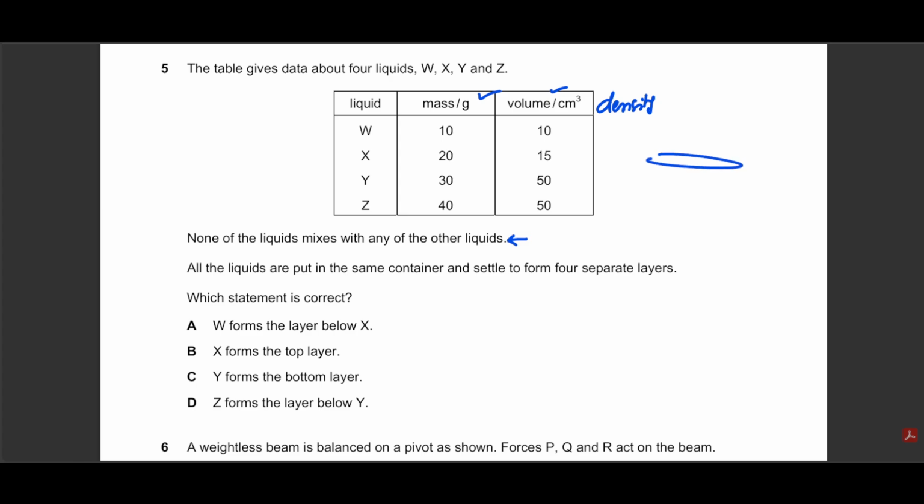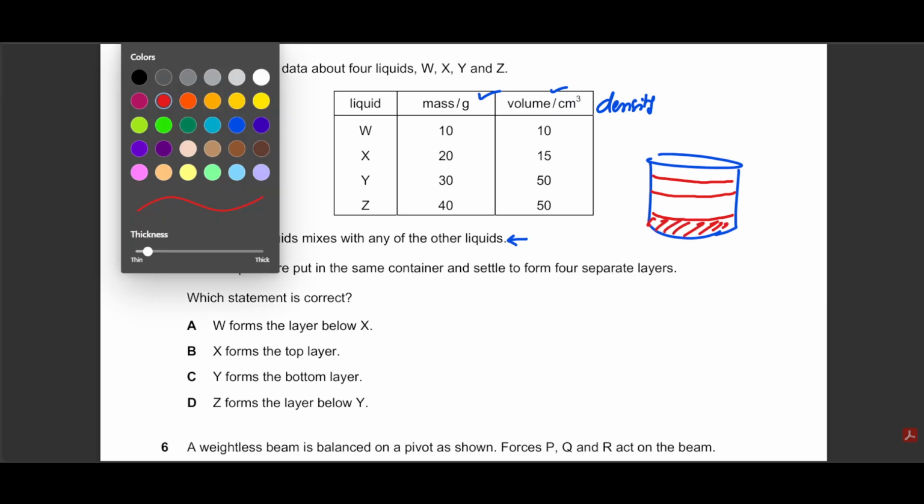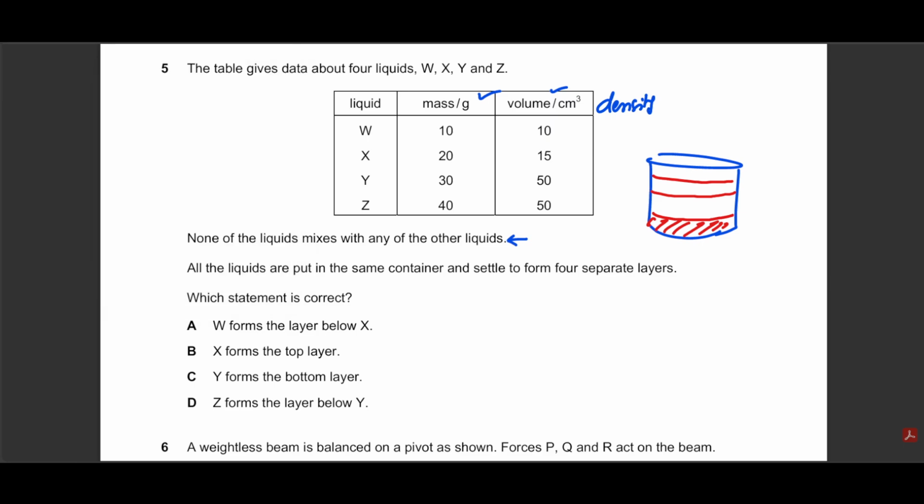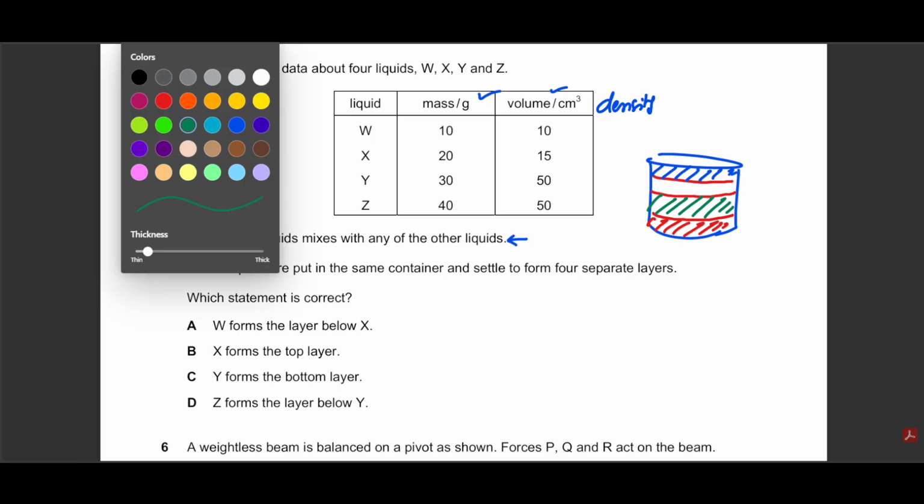So it might be possible that in the container, when all of these liquids are added, the liquids are separated by layers like this, and so on. The most dense liquid will settle at the bottom, and the least dense will be floating at the top. And of course, the middle layers would have other liquids that have densities in the middle or a bit less.